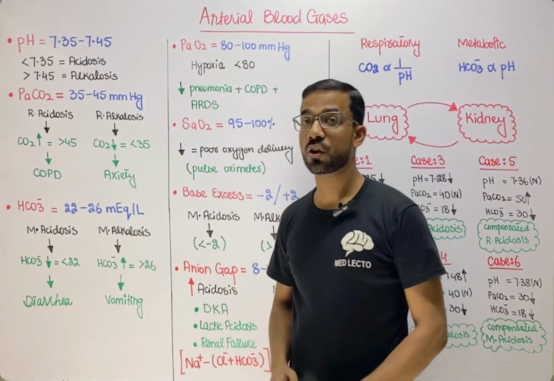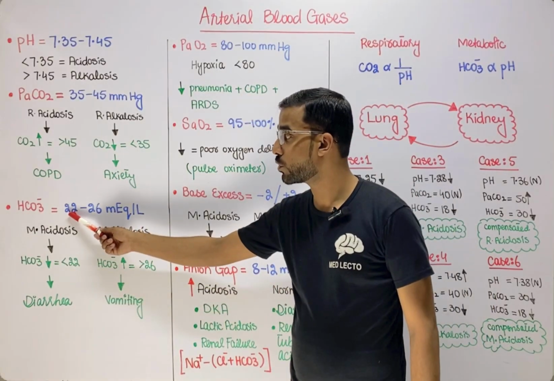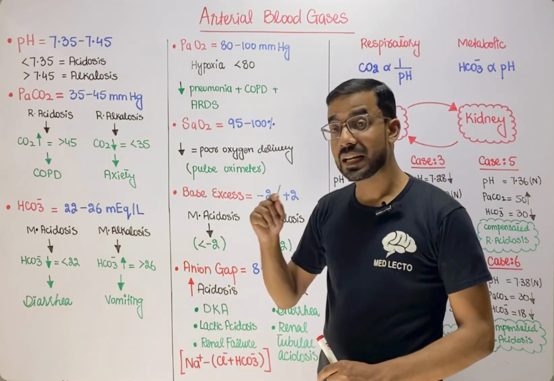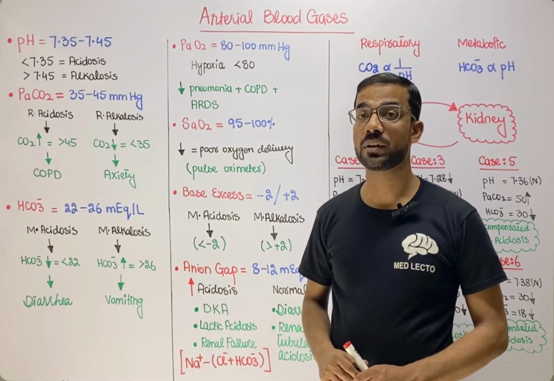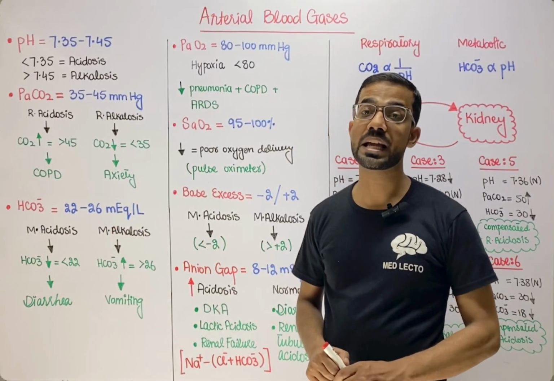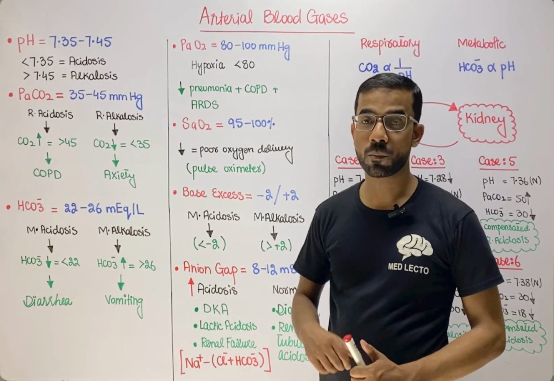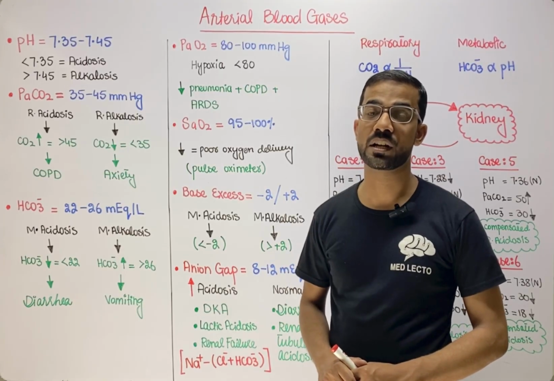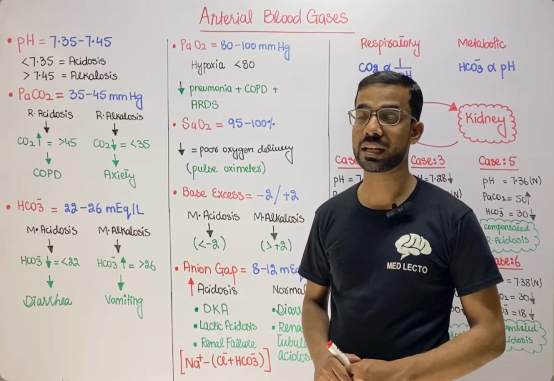There is a decrease in the concentration of the bicarbonate, less than 22 milliequivalent, because a lower concentration of the bicarbonate means the condition will be acidic, because bicarbonate is basic in nature. So when the base decreases, it means that it goes towards the acidic condition. So that's why we call it metabolic acidosis.